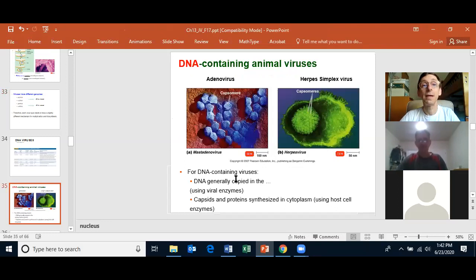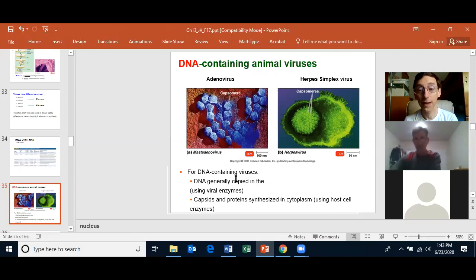Let's talk about the DNA containing animal viruses. For DNA containing genomic viruses, for animal viruses, the DNA viruses generally are replicated in the nucleus of an animal cell. The reason why that is because all of the enzymes that the virus needs to replicate itself can be found in the nucleus of an animal cell.